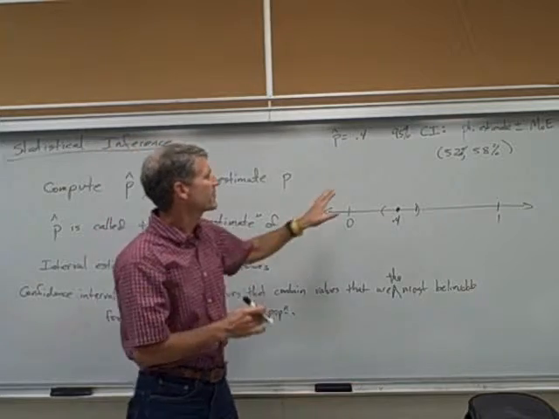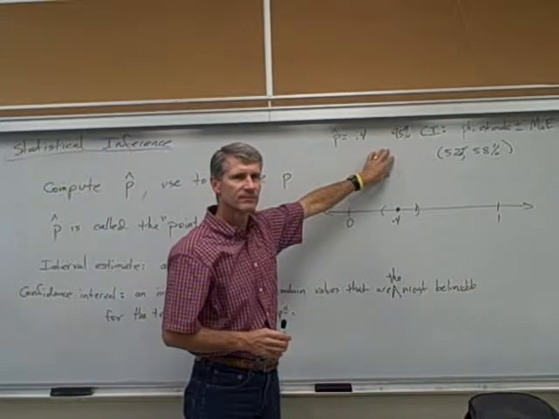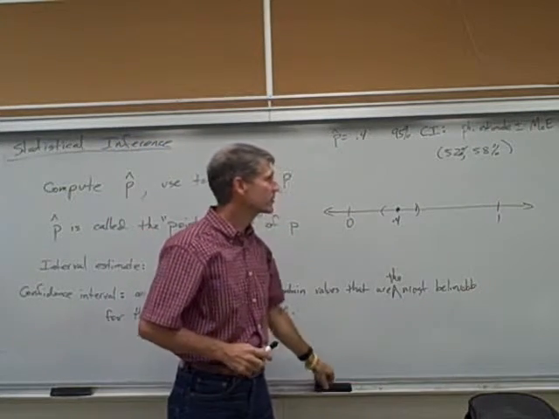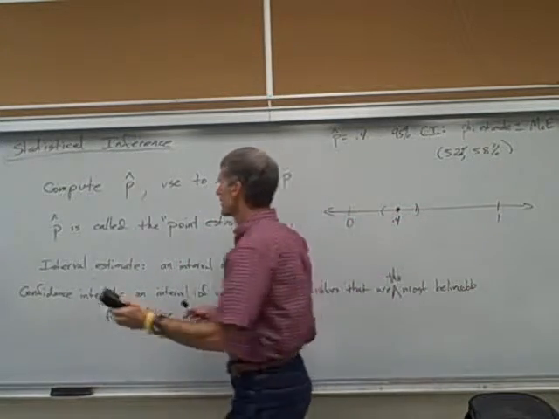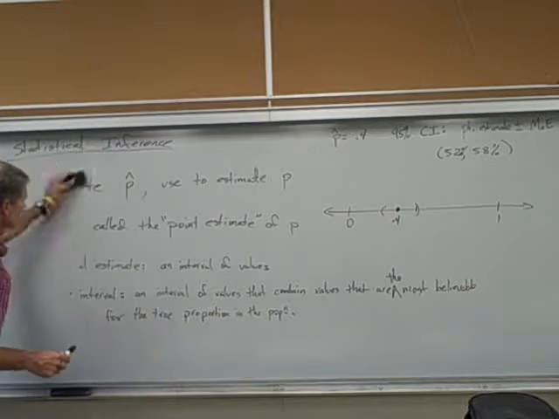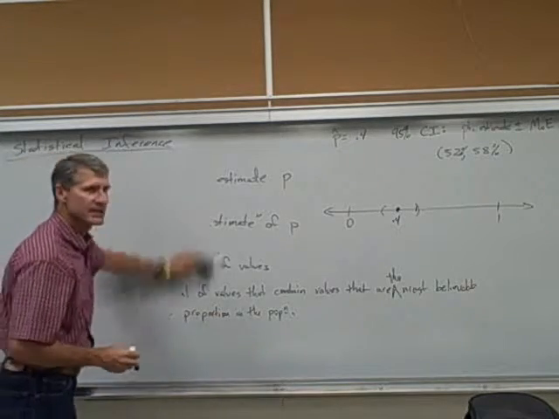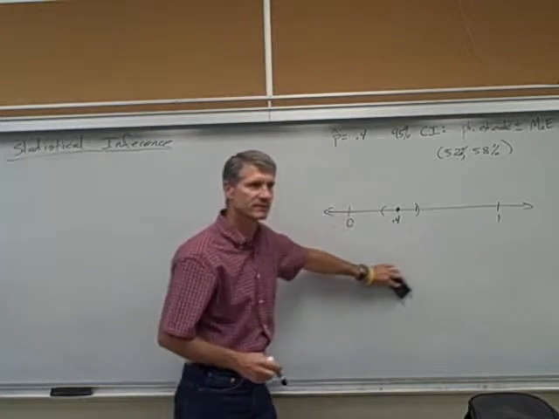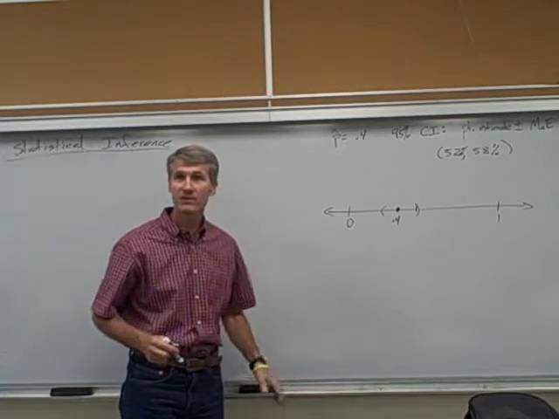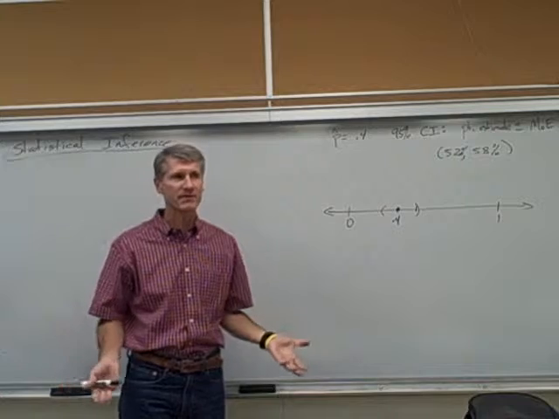Where does the 95% come from? Well, it comes from how you compute that margin of error. By the central limit theorem, we know the distribution of our point estimate. We know that it follows a normal distribution, as long as I have a big enough sample.